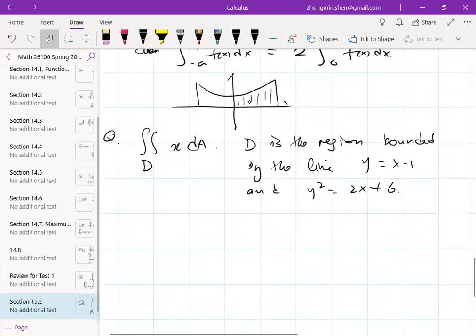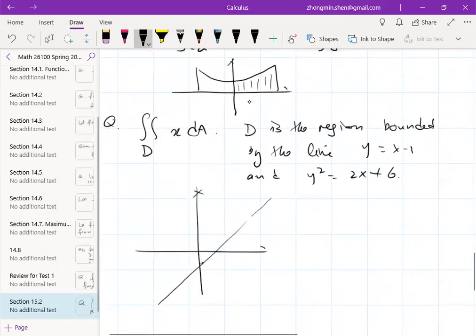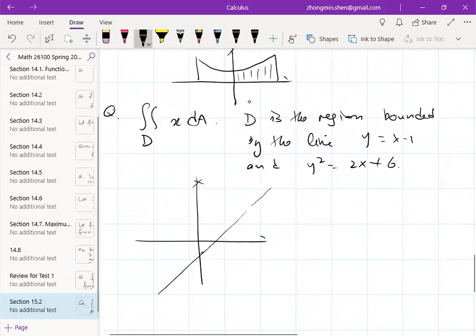Okay, so first of all, you have to sketch the graph for the D. Y equals x minus 1. So when x equals 0, y is going to be negative. So this is a line. And this, y squared equals 2x plus 6.